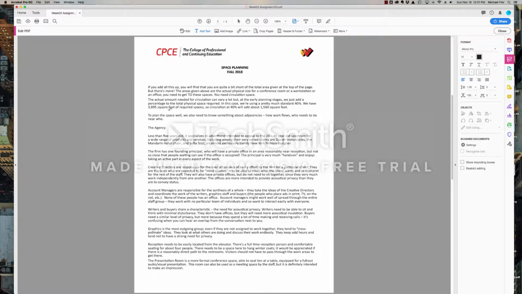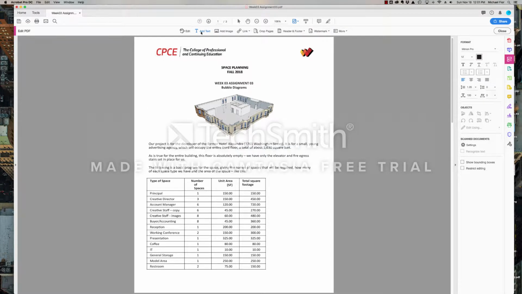The total we normally think of is something between 30 and 40% factor additional added to the real space we need. So when we total up all of the things we have on that previous page, it will total 3,895 square feet. Circulation at 40% adds about another 1,560. That is calculated like this.